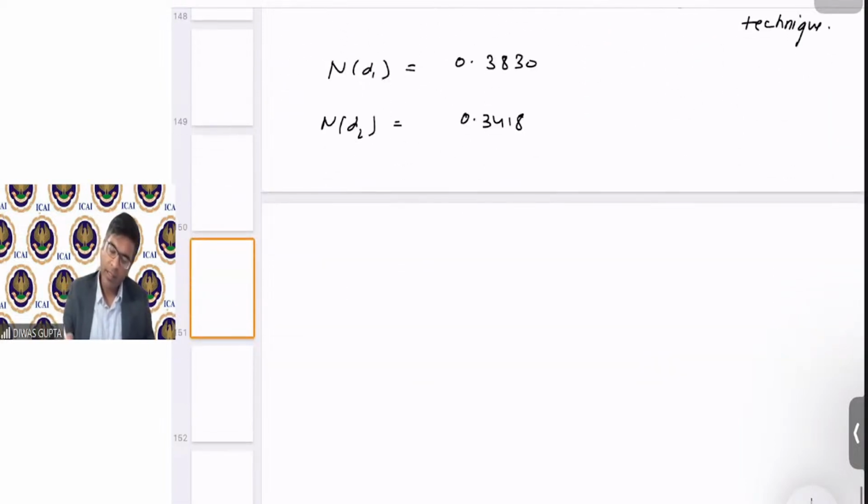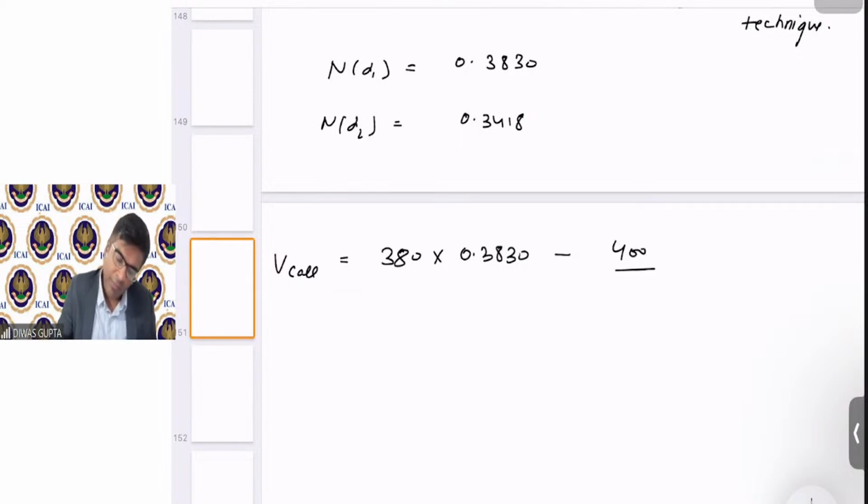Okay, now let's calculate the value of the call option. 380 into 0.3830 minus 400 divided by 1.012578, students. Correct?